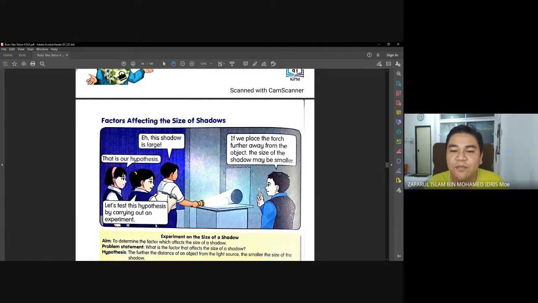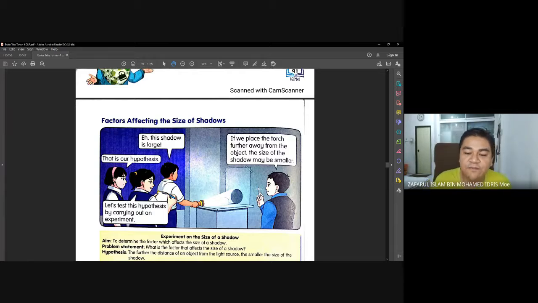Okay, awak suka main malam-malam tak ada kerja, buka lampu kat handphone tu, buka torchlight ke, lepas tu suluh kat dinding. Anak saya sukalah. Lepas tu saya kata dengan dia, ada monster nak datang. Lepas tu dia pun tidur. Senang sikit kan? So hari ni, today you will learn about the factors affecting the size of a shadow.